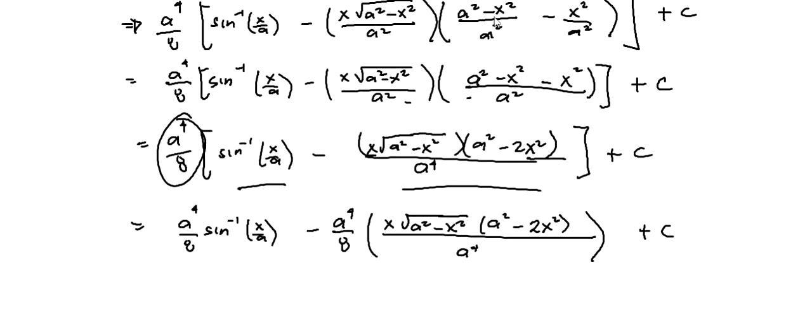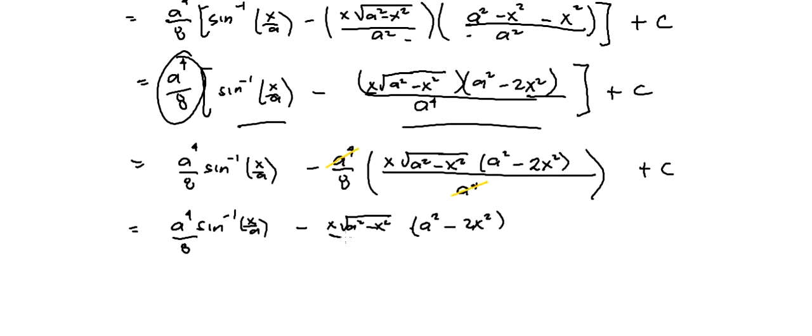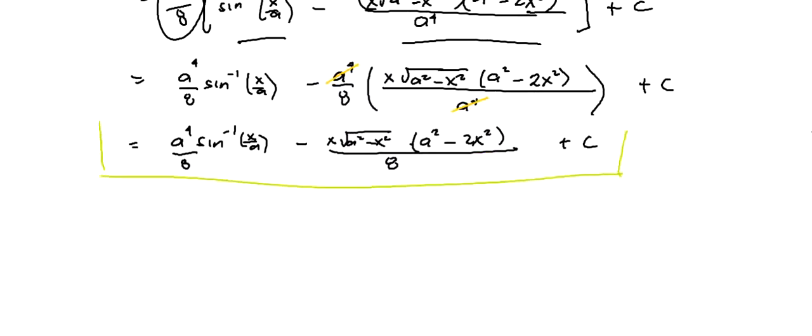So we can see that we can further cancel this out, and finally we have a to the 4 sine inverse x over a minus x square root of a squared minus x squared by a squared minus 2x squared all over 8, then plus c. So this can also be our answer, or if you still want to factor out 1 over 8, you may do so.